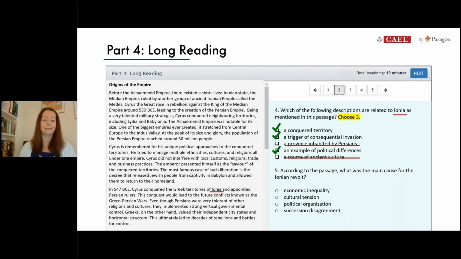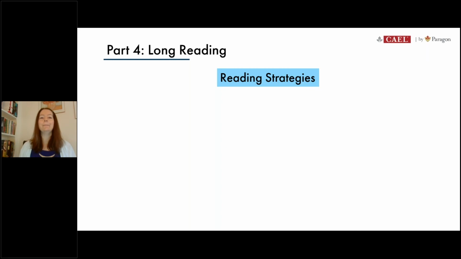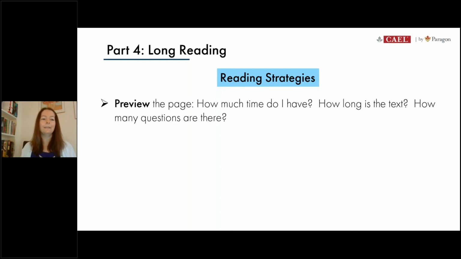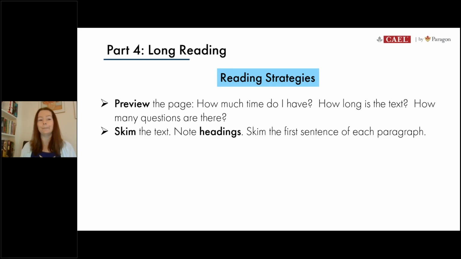So just to wrap up the strategies that we've used to complete this part of the test, we're always going to preview the page. So it's really important to have a time management strategy. Figure out how many minutes you've got, how long that text is to skim read, and then how many questions there are. We need to finish answering all questions before the timer hits 0. So that's an important first step.